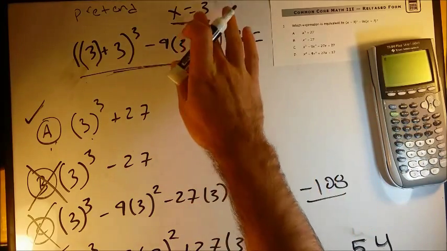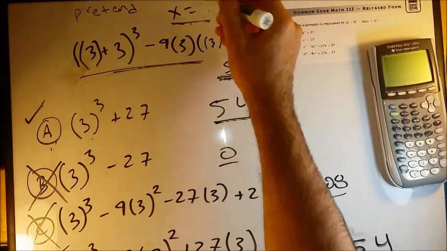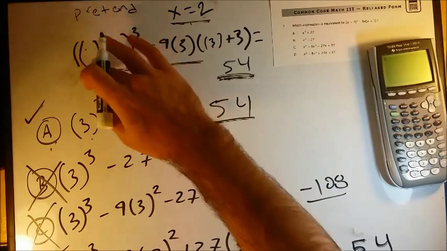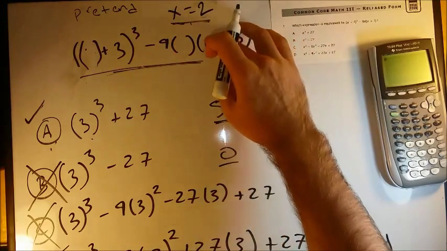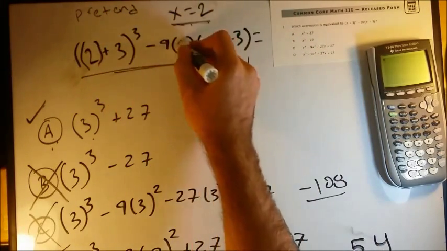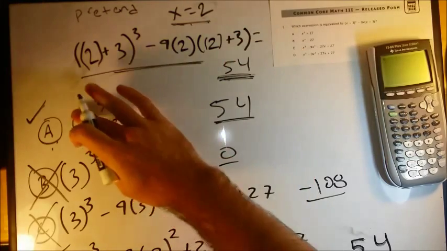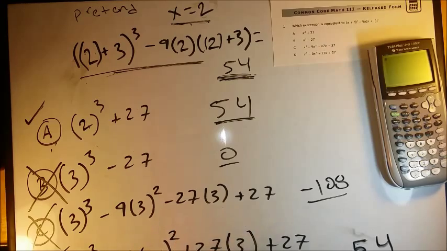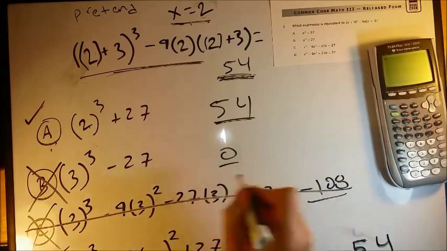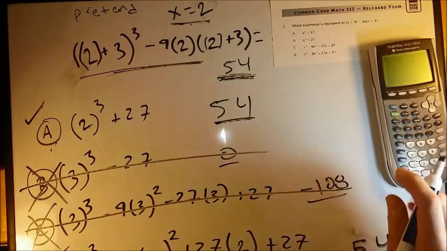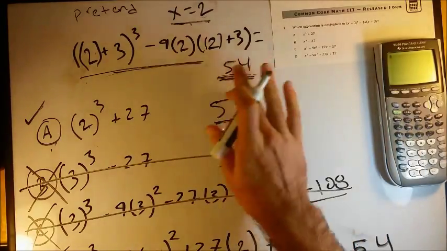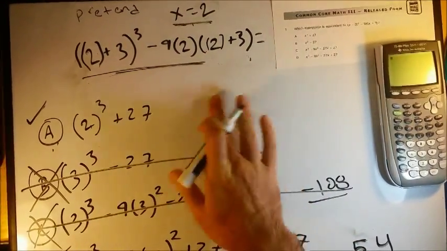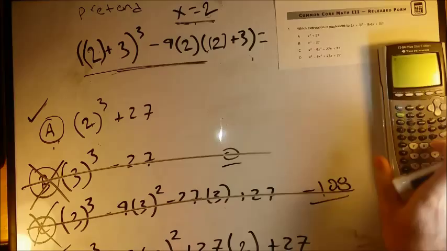So instead of saying x equals 3, let's test out x equals 2. The one that's going to be correct is the one that still gives the same output. So I'm just changing all my x's to 2's now. B and C I know are wrong for good now. Let's see in my original expression what our output is when x equals 2.